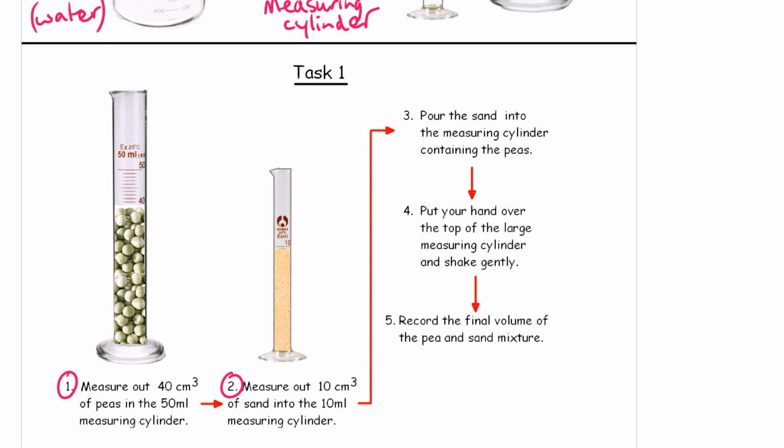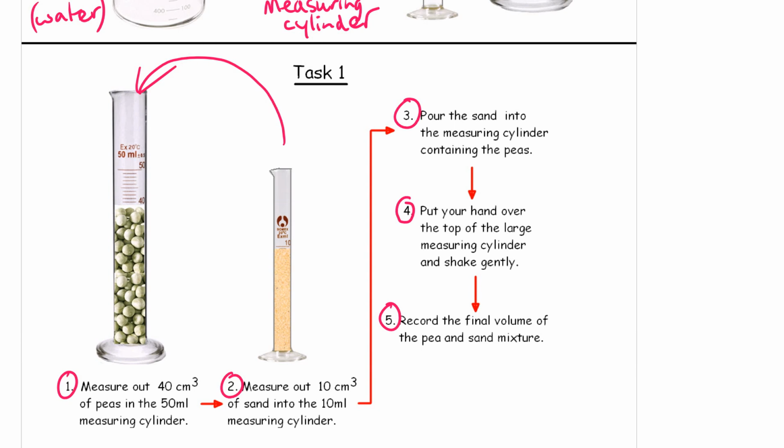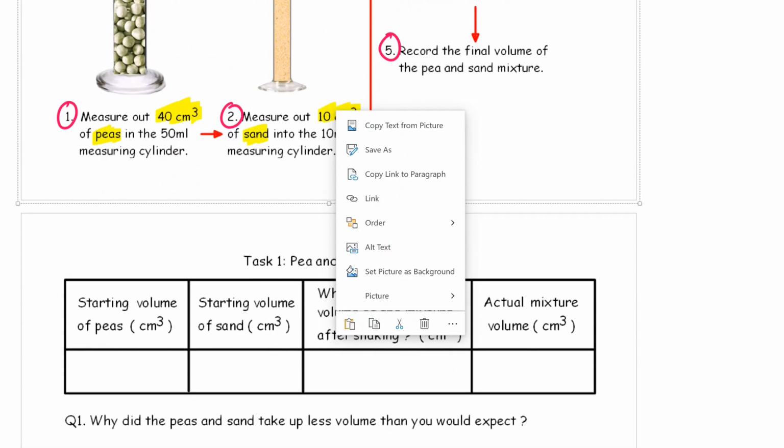Then pour the sand into the measuring cylinder with the peas, put your hand over the top and shake gently, and then record the final volume of the pea and sand mixture. Remember, we started off with 40 centimeters cubed of peas and 10 centimeters cubed of sand.